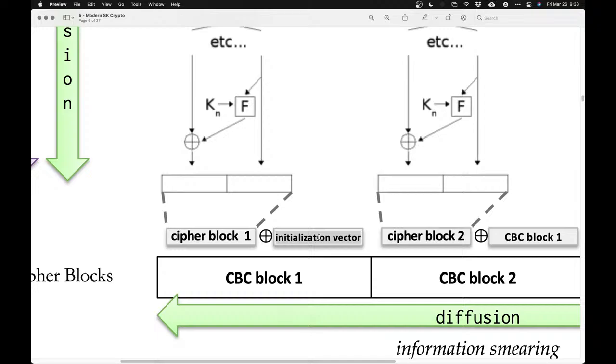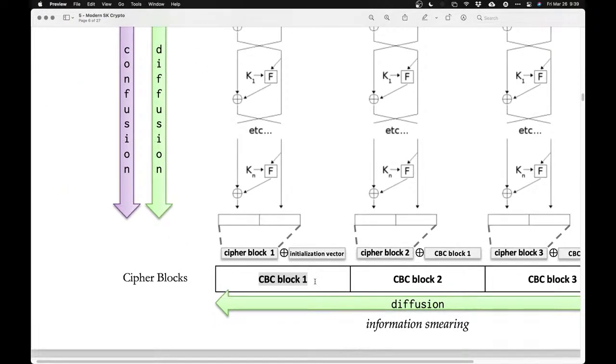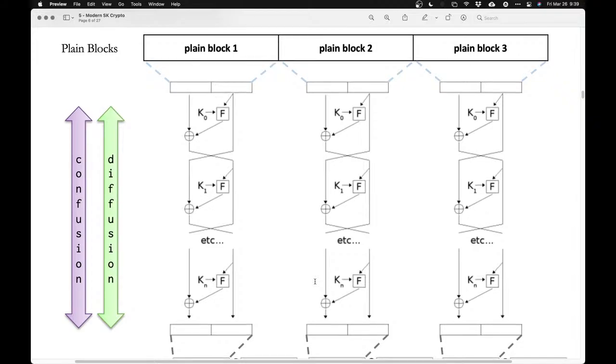This is just a vector of random bits that the cryptographer has chosen, or the person encrypting this has chosen, just a set of random bits, okay? So we exclusive OR the first cipher block with the initialization vector, and we get what is called CBC block 1, okay?